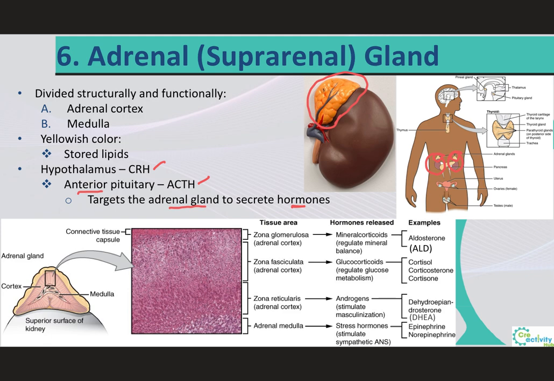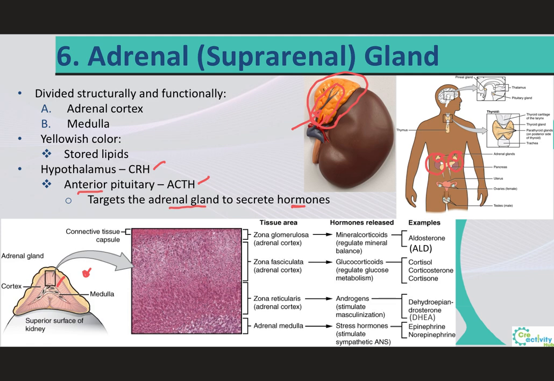They will have this very rich blood supply, and this will cause this gland to experience actually one of the highest rates of blood flow in the body. Now, as we can see from this image, the adrenal cortex is the outer layer of the adrenal gland, and it will be subdivided into three different zones.